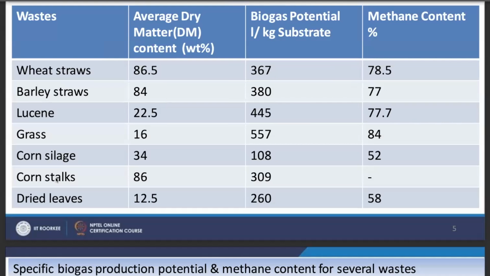So the material which are high in lignocellulosic content, it won't be so suitable for biogas production directly. Hence, if we are producing a biogas from a raw material which is high in lignocellulosic content without pre-treatment, first of all, it will yield very less biogas. And even in that biogas, it will have very less percentage of methane.